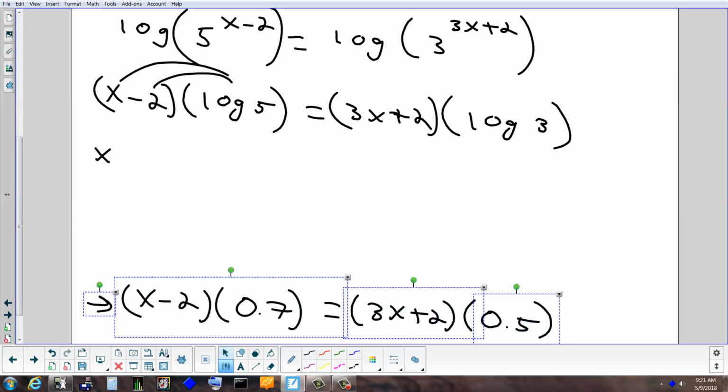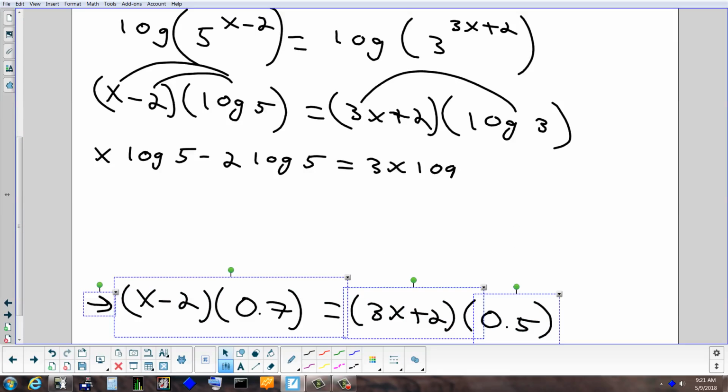So we have x log 5 minus 2 log 5. That's the first part. Do it on the second side: 3x log 3. And then do it on the next part: plus 2 log 3.